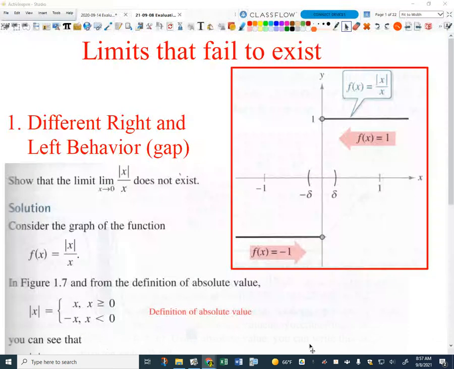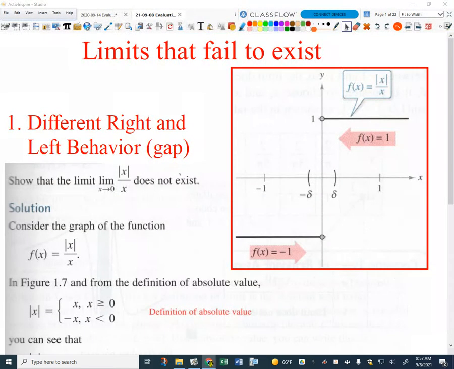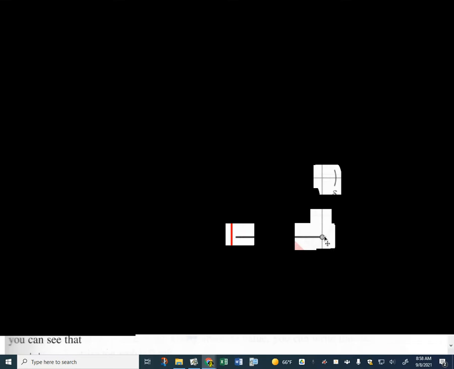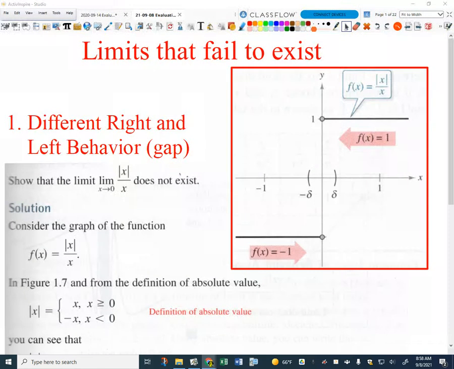Does it make sense that you couldn't have a limit at a place where there's a gap in the function like this, right? Because the behavior is differing from the left and the right. An ant approaching a value of 0 from the left is going to anticipate stepping there. And so the ant from the left is going to say, oh yeah, the limit's -1.